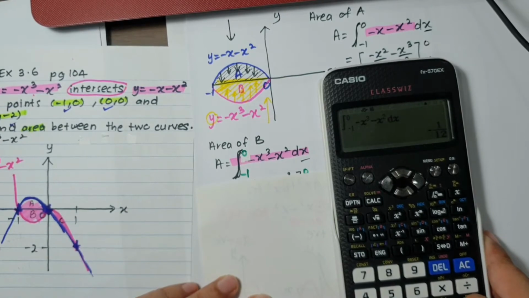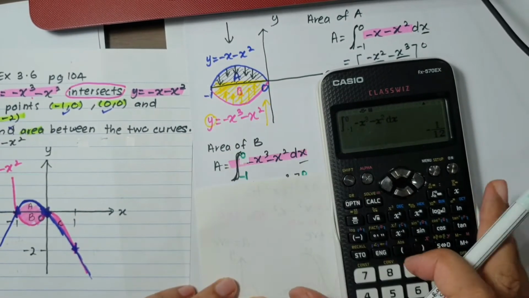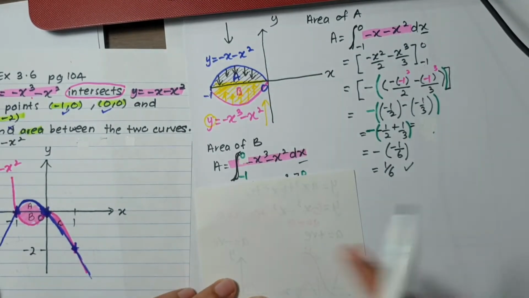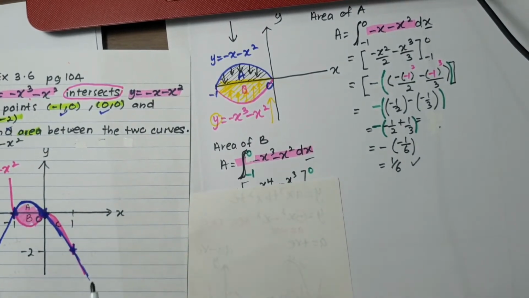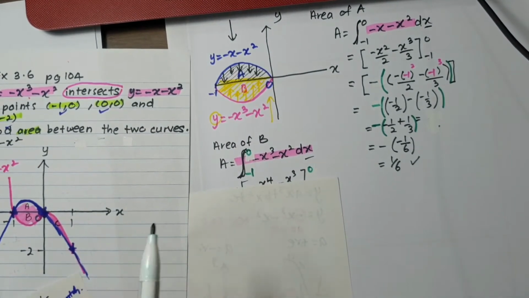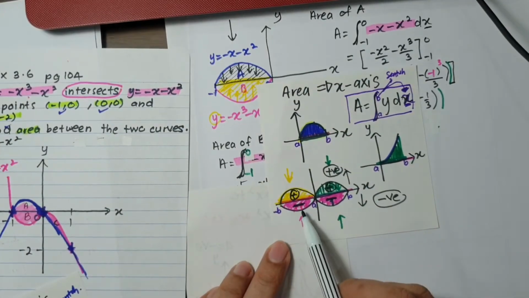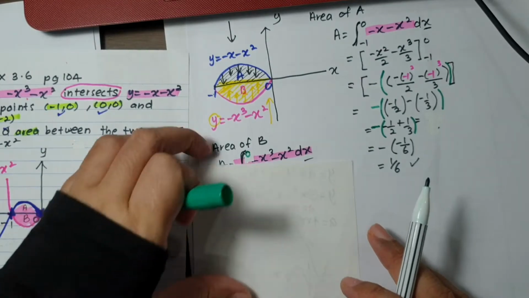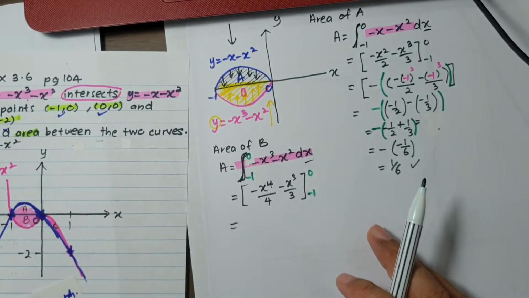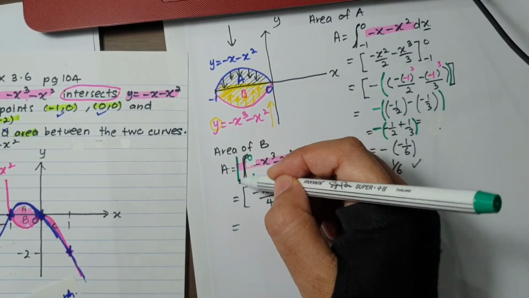Why is it negative? Because this area is below the x-axis. So the area below the x-axis has negative value. That's why we must put modulus sign. So put modulus sign here.